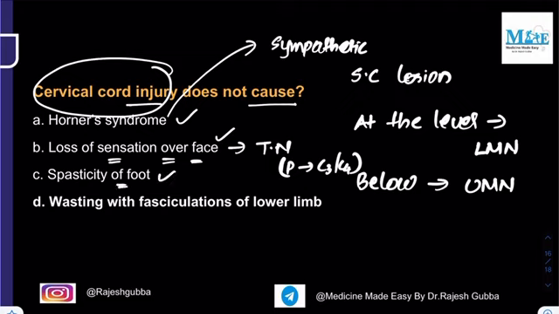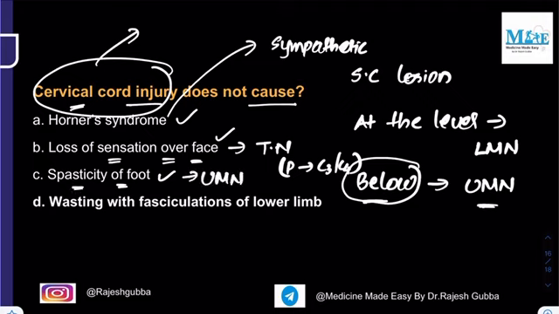Why? Because below the level of lesion, and the site of lesion is in the cervical spinal cord, you will have upper motor neuron signs. Spasticity is an upper motor neuron sign. Whereas wasting and fasciculations of the lower limb will not be there, because the site of lesion is in the cervical spinal cord, and wasting and fasciculations are lower motor neuron signs.